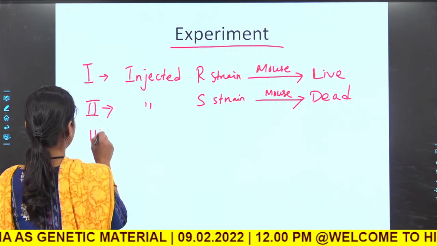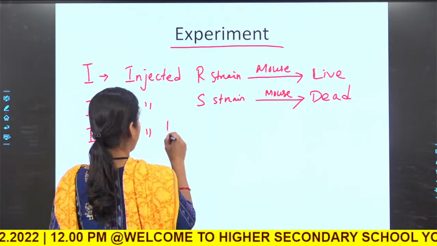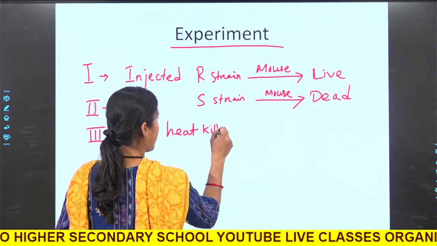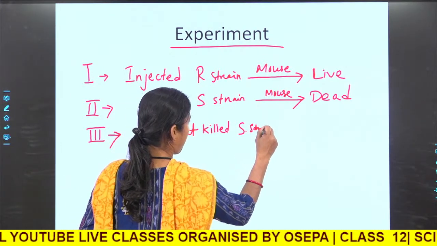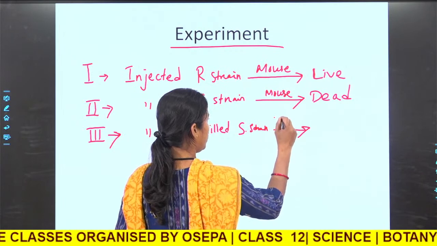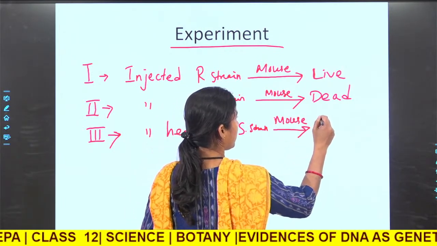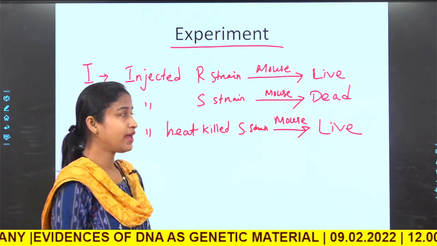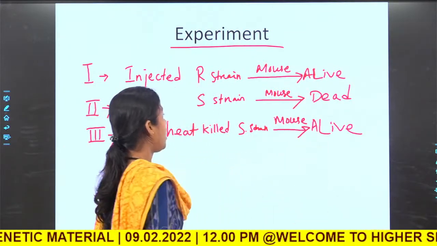In the third series, he injected the heat killed S strain into the mouse body, and he saw that all the mouse were alive. Here all are alive, this one and this one.